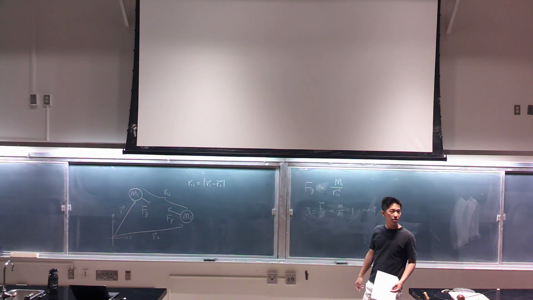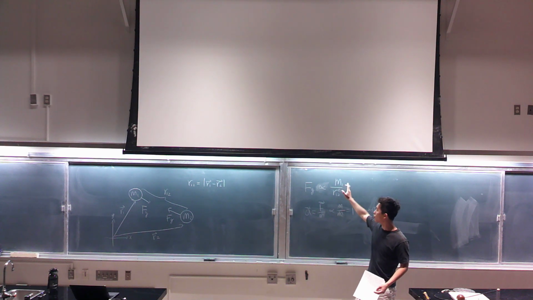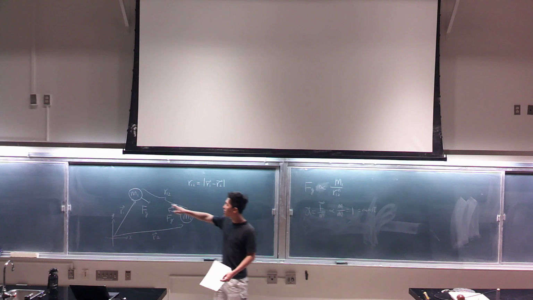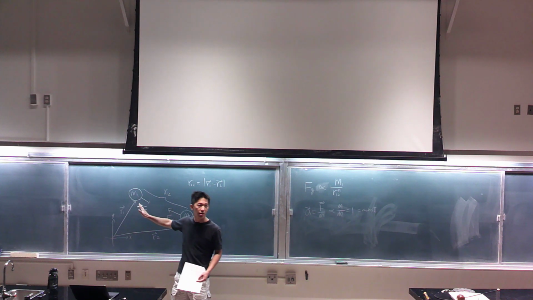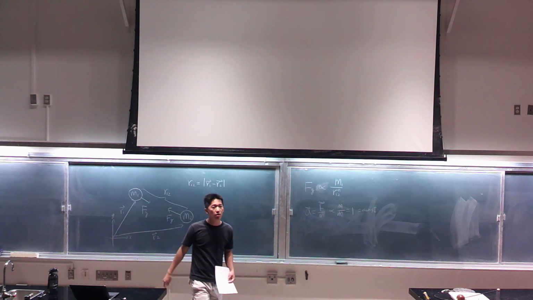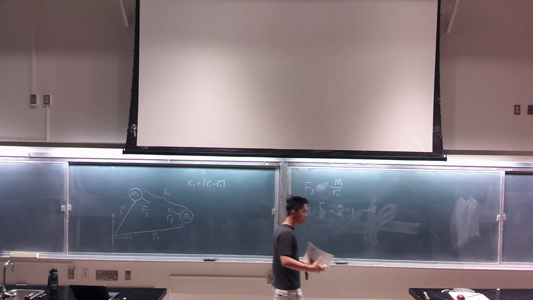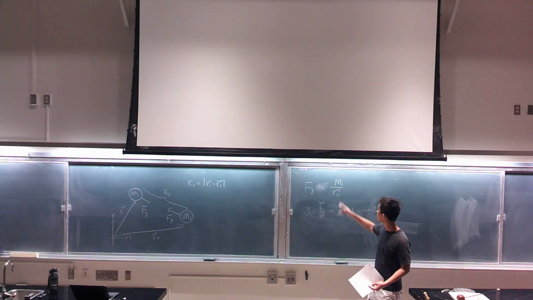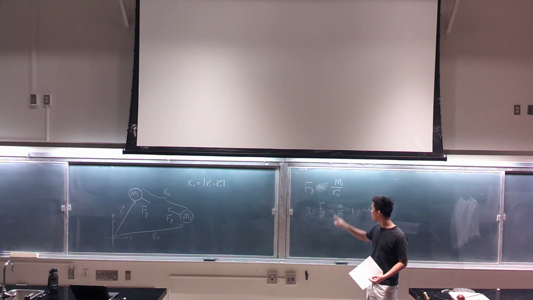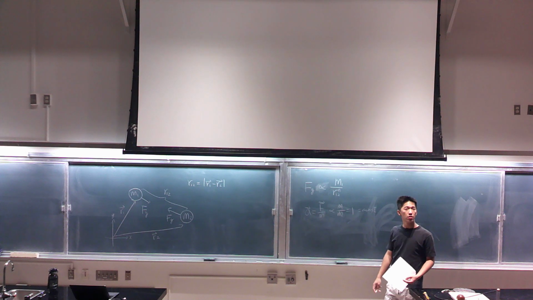Does that make sense? If gravity is proportional to the mass of m1, then the acceleration that gravity causes on m1 will be the same no matter how heavy m1 is. No matter how massive the particles are, the acceleration will be the same if gravity is proportional to the mass. So they cancel in Newton's second law. Okay.